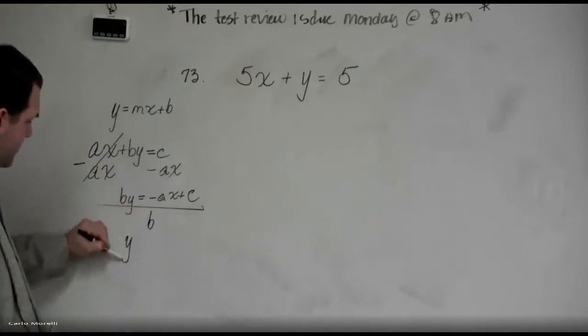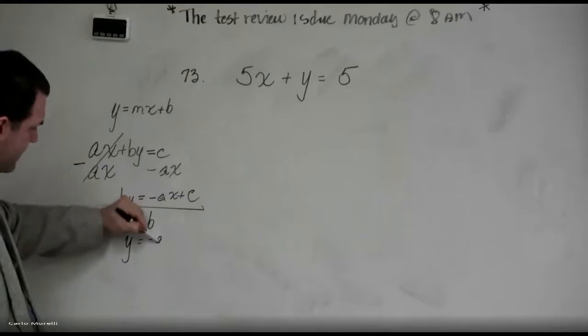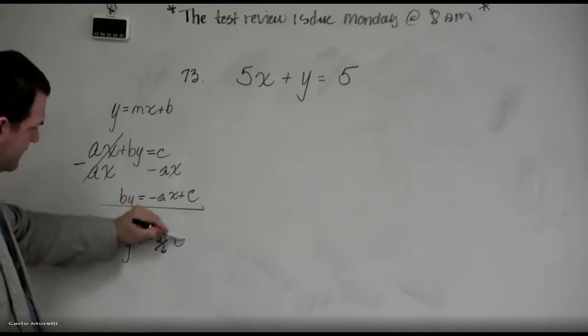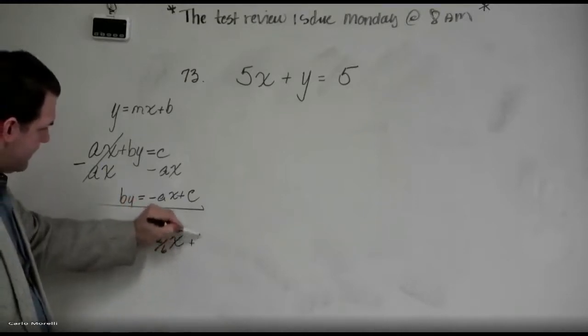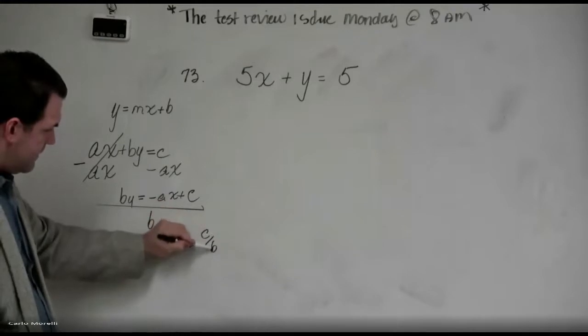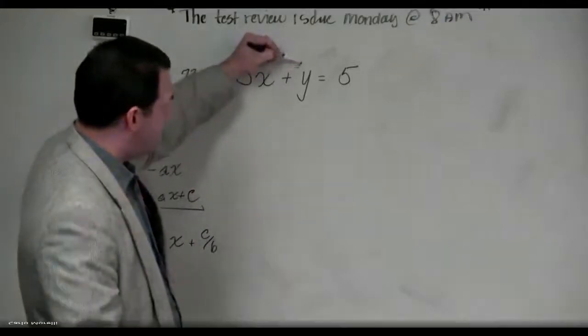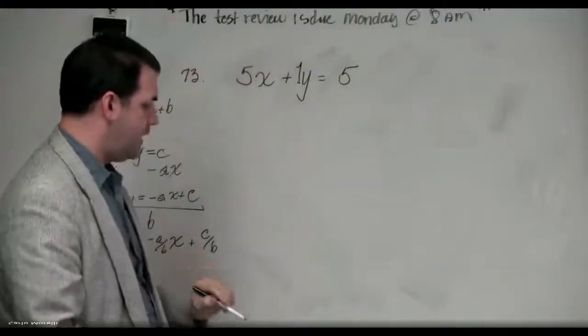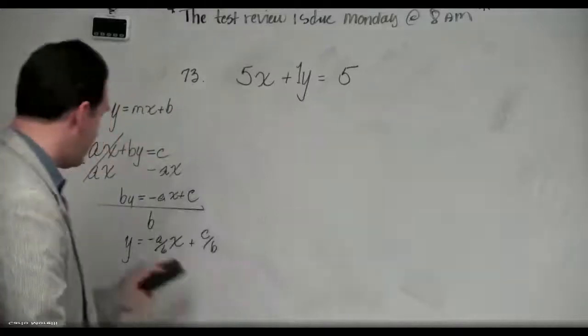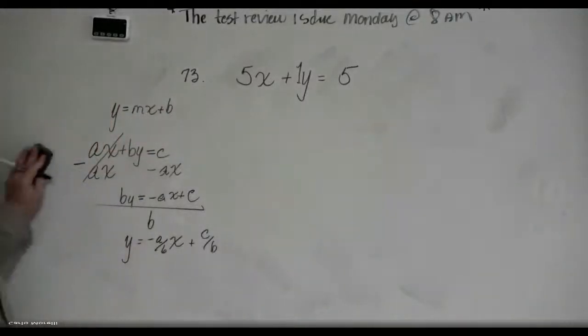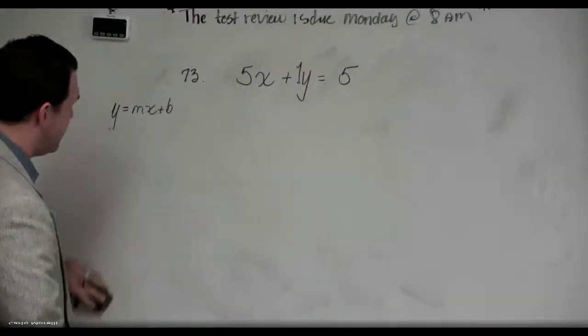And so y is going to be equal to negative a over b x plus c over b. It looks much harder when I'm just showing the letters because in our example, our y coefficient is 1. So that last step is very simple. But that's the game plan.